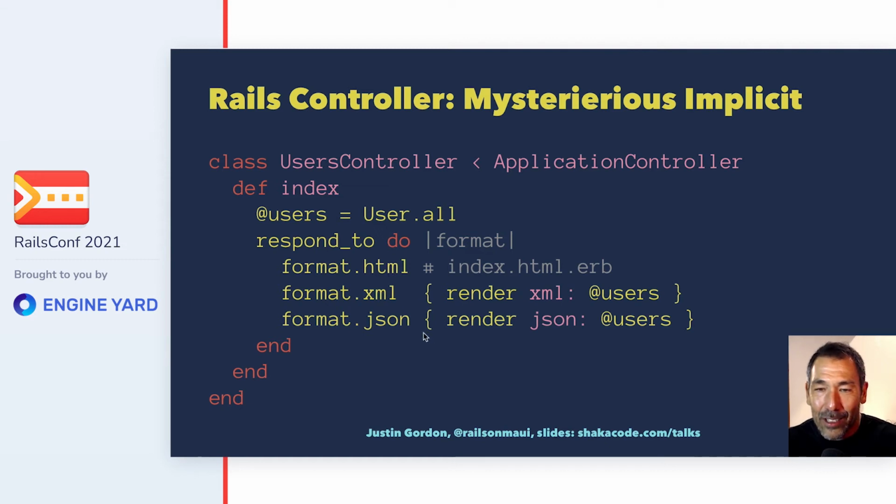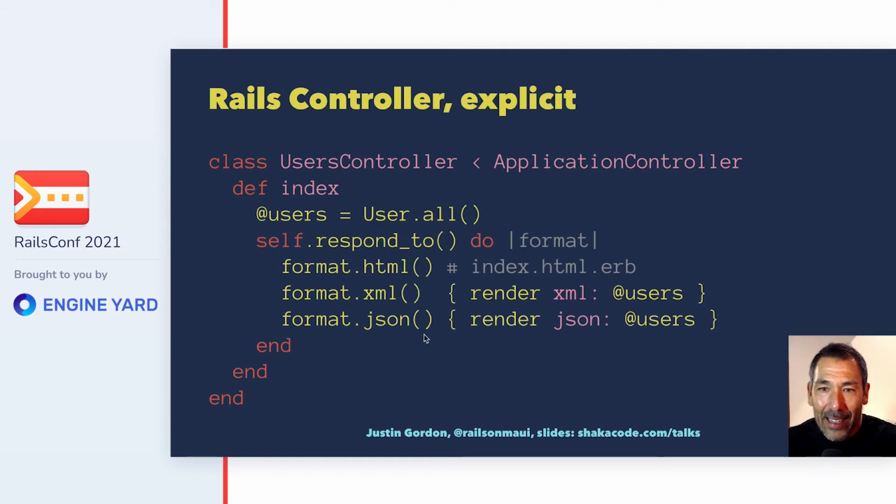Let's put in the parens, and I think you'll see it's way more explicit and clear what's happening. Respond to, there's nothing magical there. It's a method on the controller. We're calling it with a block that takes an argument called format. Then we call methods inside of format, like format.xml, which takes another block, and that block's not going to execute unless Rails wants to send back some XML.